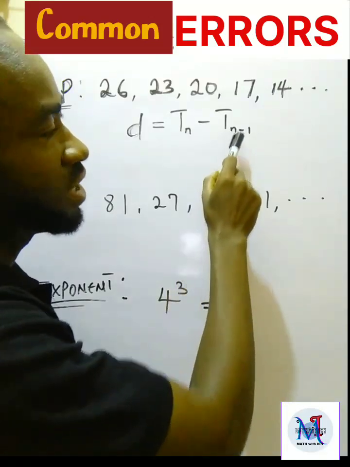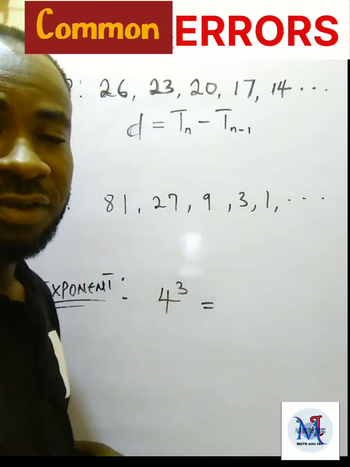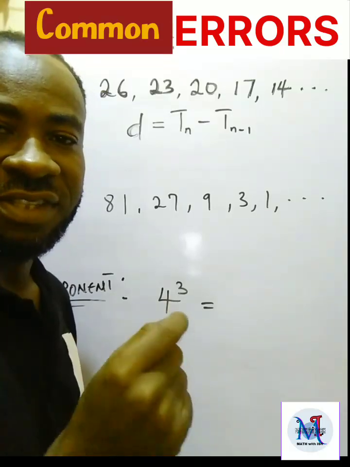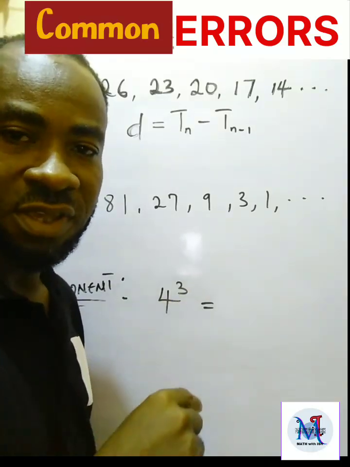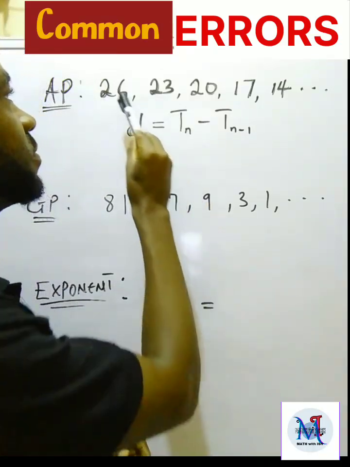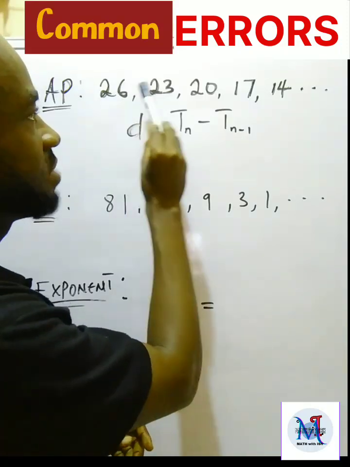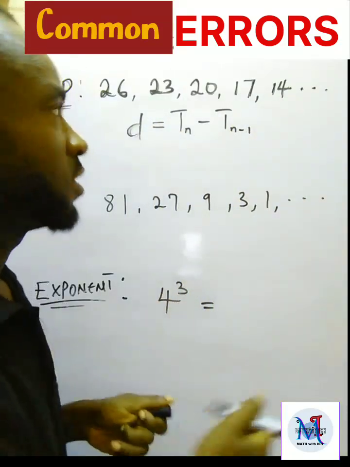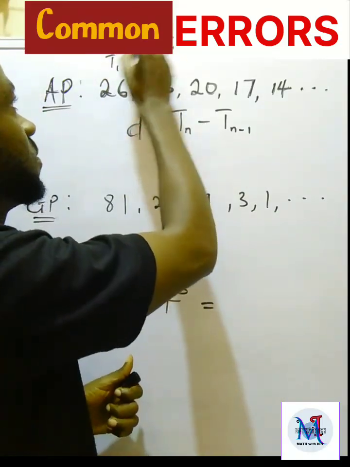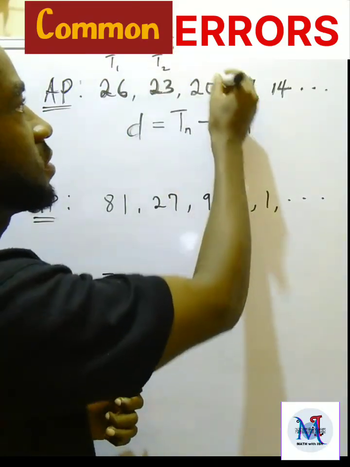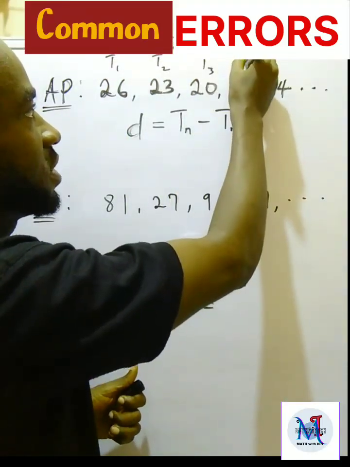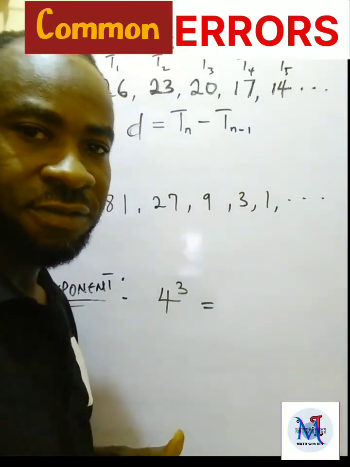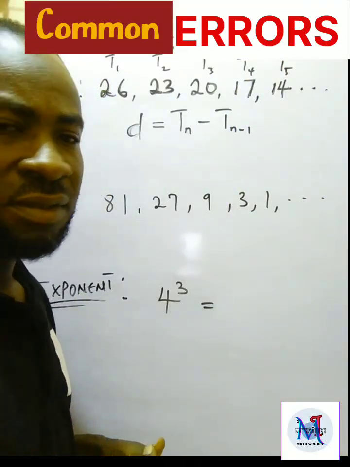And then this Tn minus 1 stands for the term that precedes it, that is the term that comes before it. So we have this term, this is the first term, second term, third term, fourth term, and so on and so forth. So this can be likened as our T1, T2 for second term, T3 for third term, T4 for fourth term, T5 for fifth term, and so on.